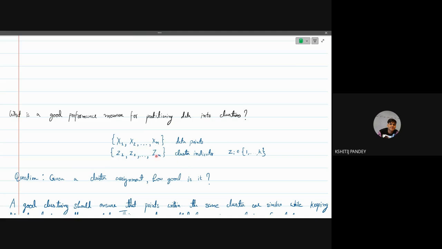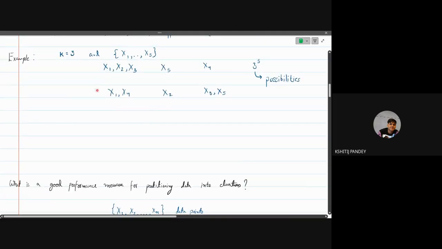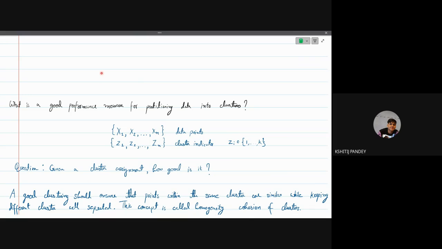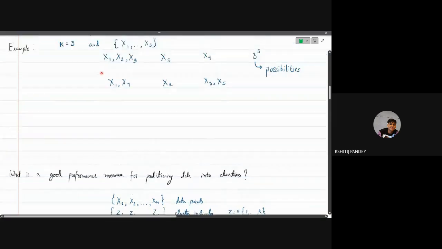So this is the cluster indicator. Now what's our question? Given a cluster assignment, we want to understand how good the assignment is.